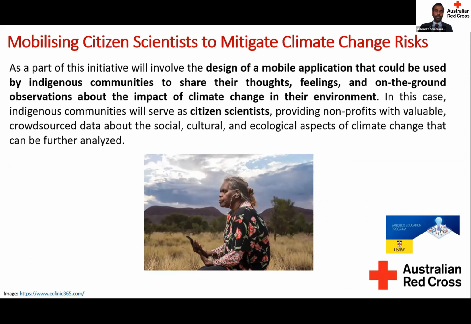As a group that is closer to the environment, First Nations people are also getting a huge impact from climate change. We have a project to gather data from different sensor networks and help First Nations people share their thoughts and feelings, and mitigate their risks related to climate change.